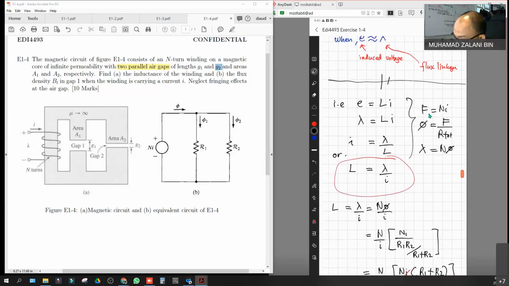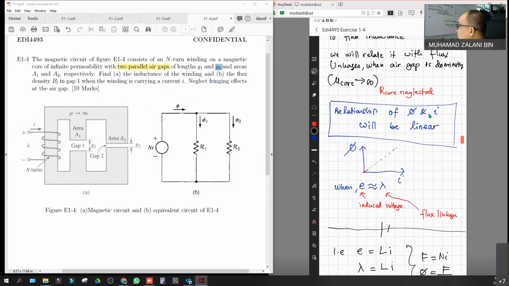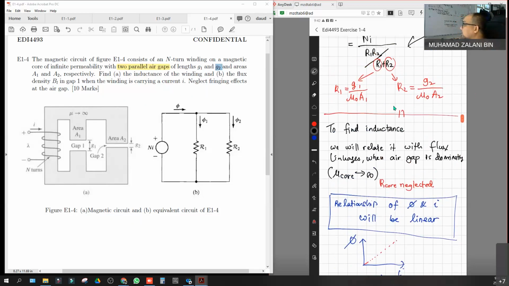So we know that we can substitute R1 in terms of G1, mu naught and A1, and also R2 in terms of G2, mu naught and A2.